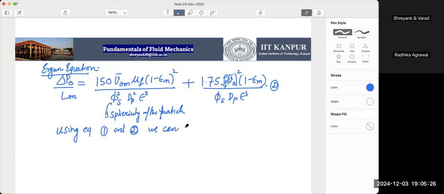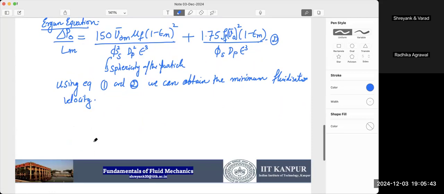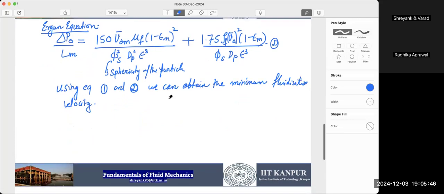we can obtain the minimum fluidization velocity. Now, there are some points to note. The Ergun equation is the combination of two terms.